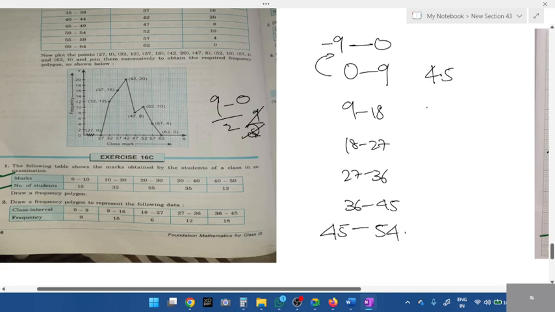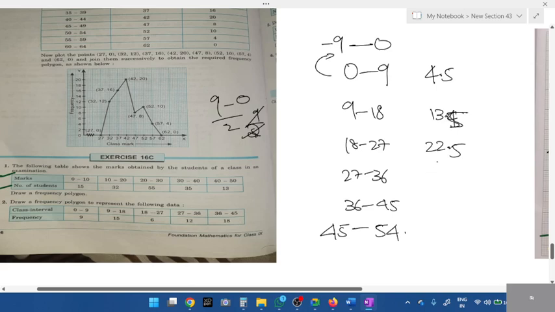9 plus 4.5 is, how much is 9 plus 4? Very good. 13.5. 18 plus 4.5. How much is 18 plus 4? Next. 22.5.